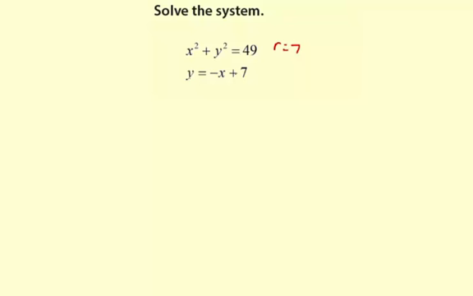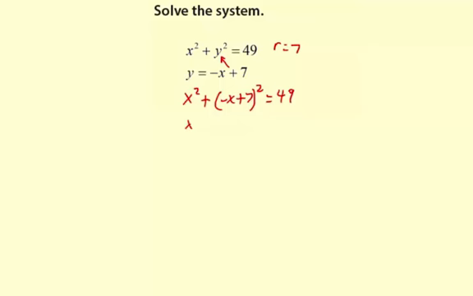We're going to solve algebraically first using substitution. Because y equals negative x plus 7, we're going to substitute into the first equation for y, and then we will solve from there. So it will be x squared plus, and then instead of y squared, it's going to be negative x plus 7 squared equals 49.